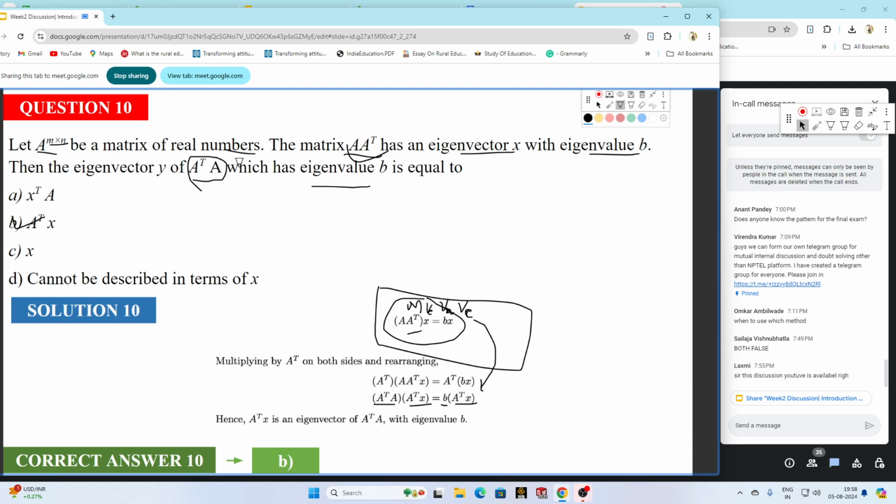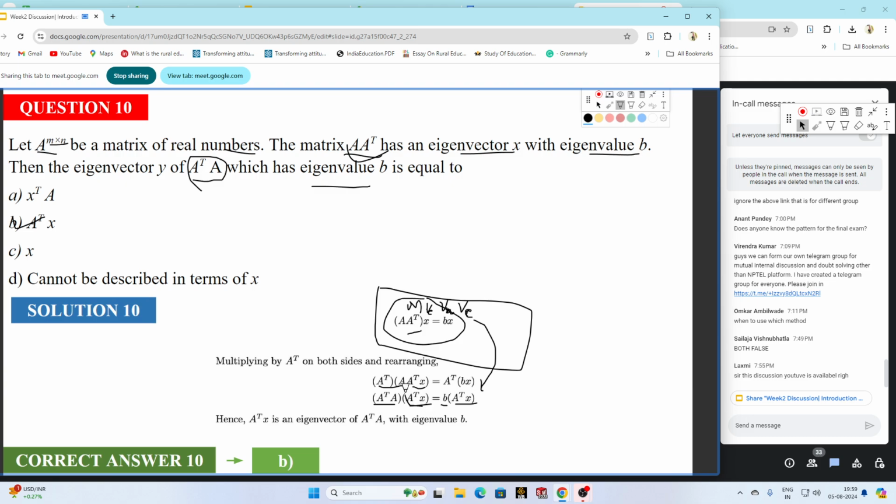Because we want A transpose A, but we have AA transpose. So once we multiply by A transpose on both sides, we get this. Now if we take B here and A transpose x here, we get the equation A transpose A times A transpose x equals B times A transpose x.